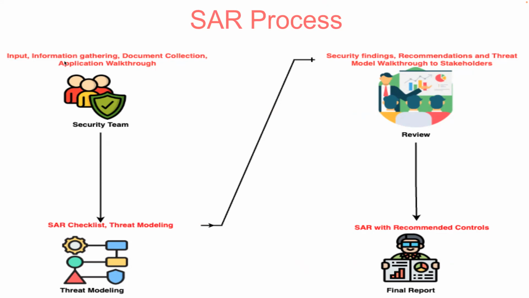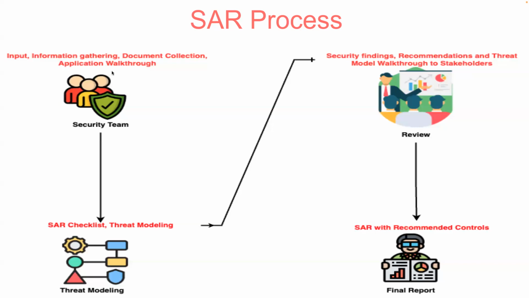Is there document collection, like collecting any earlier or existing pen testing, vulnerability report, or any scan reports which the dev team or any stakeholder may provide? And here the security team will ask for the application walkthrough from the dev team. So basically the dev team is the major stakeholder in this case. The security team's major task is to gather as much information as they can.